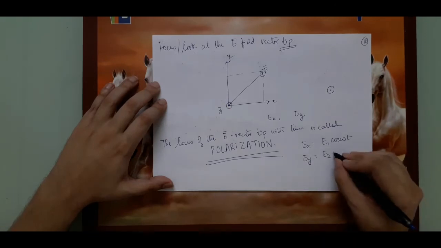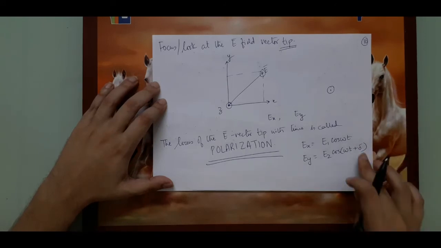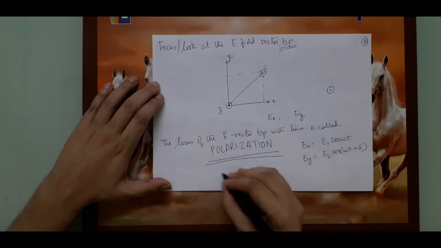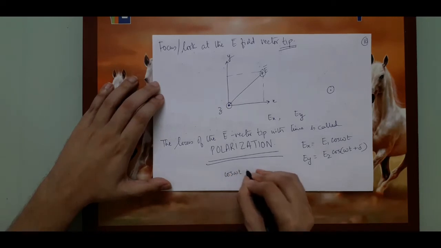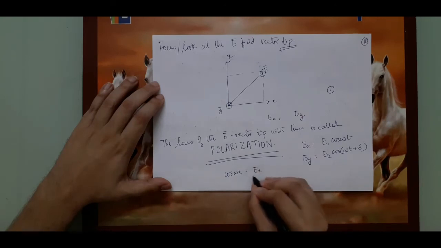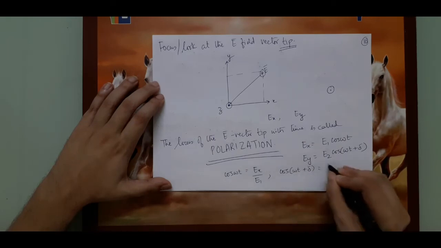It could also have a different phase, but the same frequency. Let's say this small delta is the phase. Now I can say that cos omega t is nothing but Ex by E1, and cos of omega t plus delta is Ey by E2.